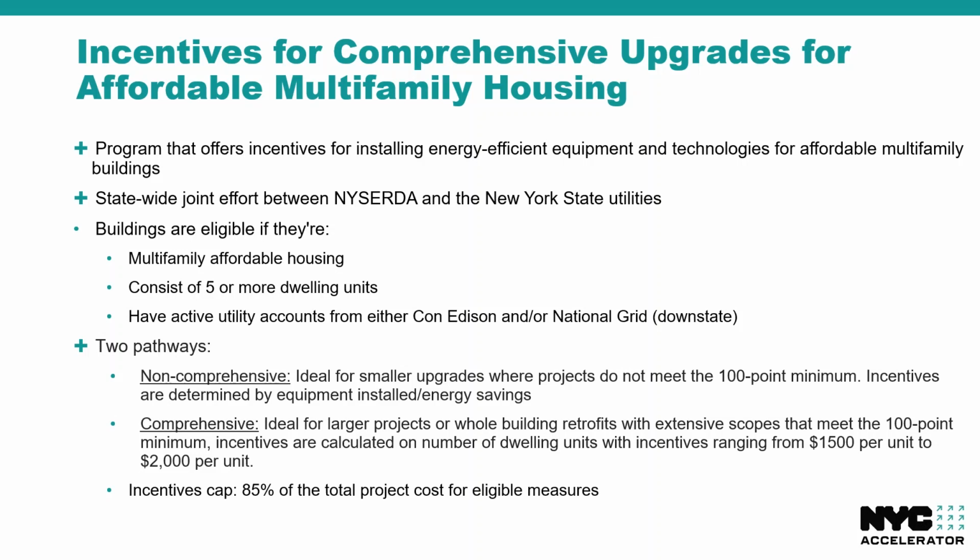Whereas the comprehensive pathway is ideal for larger projects or whole building retrofits that meet the 100-point minimum, and incentives are calculated on the number of dwelling units, ranging from $1,500 per unit to $2,000 per unit. The incentives, however, are capped at 85% of the total project costs for eligible measures. Next slide, please.